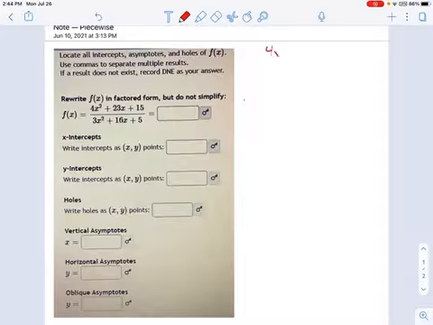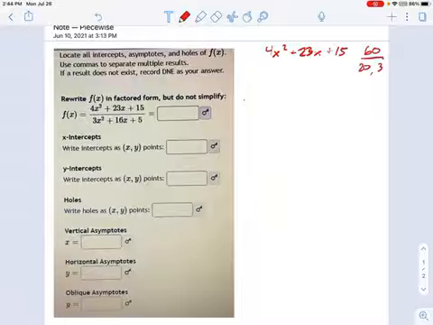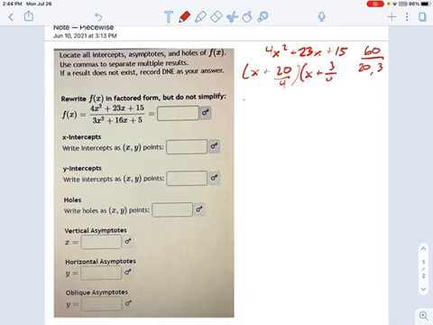When I look at 4x squared plus 23x plus 15, I'm going to multiply 4 and 15 together to get 60. And what factors of 60 add up to 23? Well, I think that's 20 and 3. So that makes this x plus 20 over 4 and x plus 3 over 4.